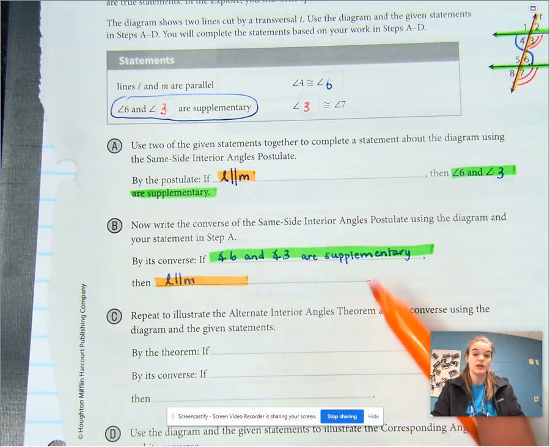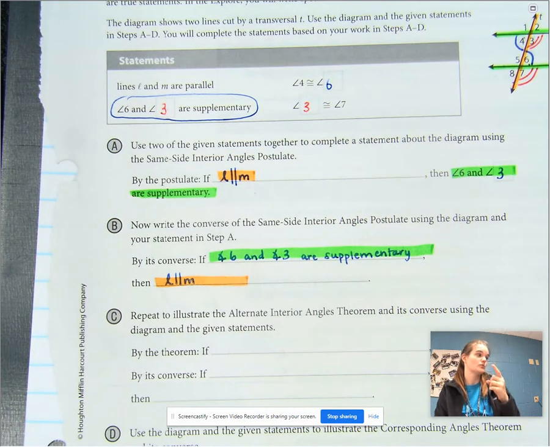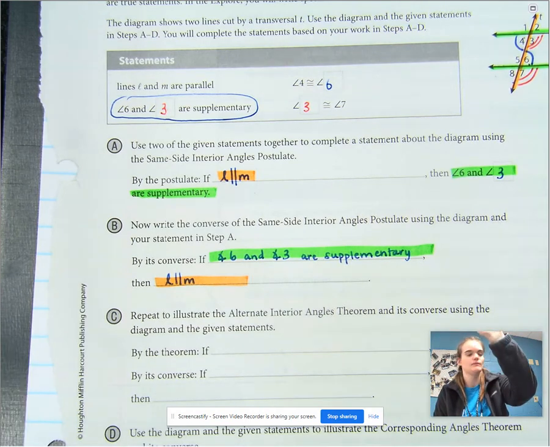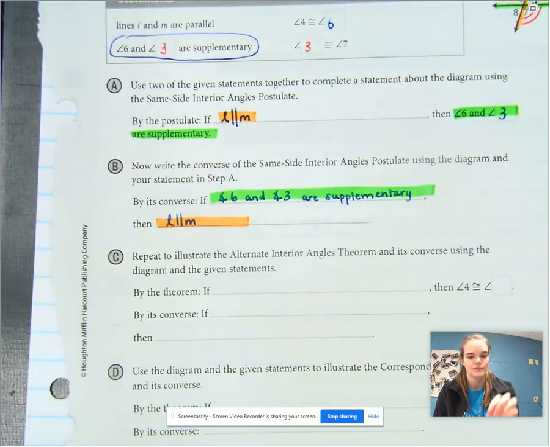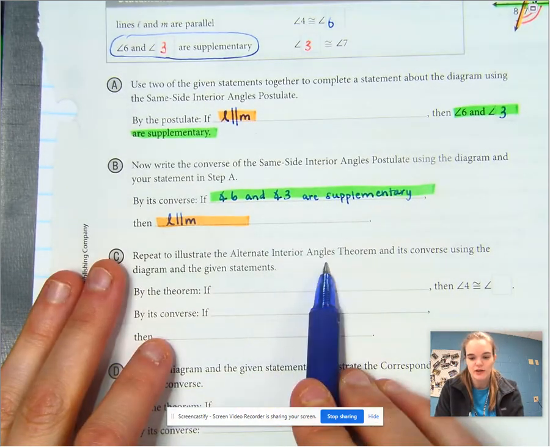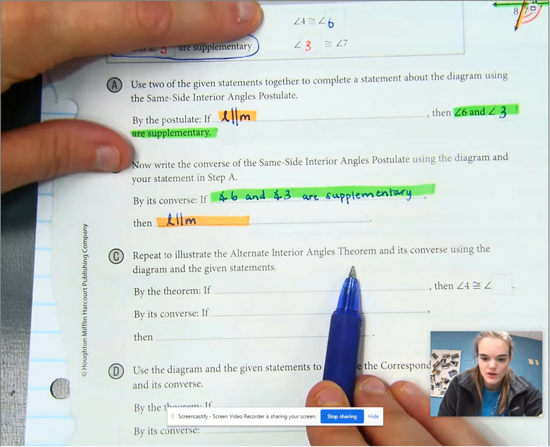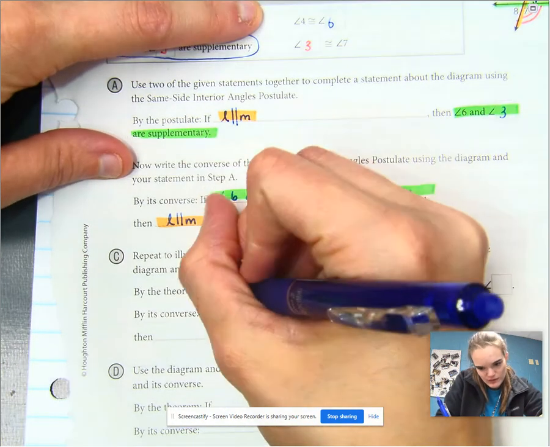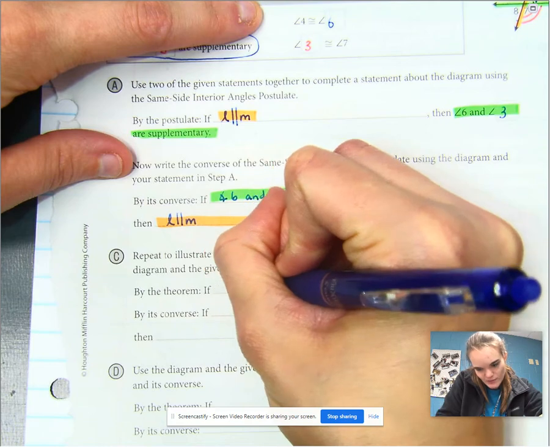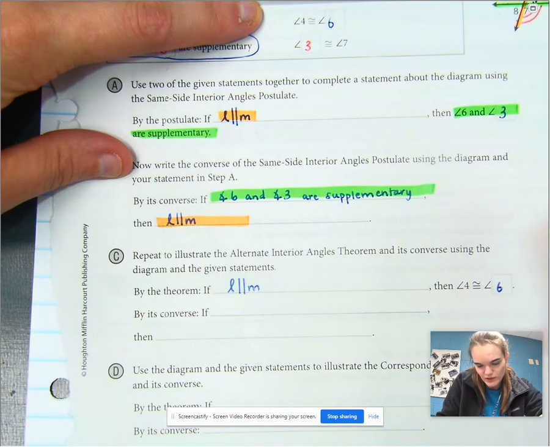If they have this relationship, one of these three, corresponding, same side interior, alternate interior, then the lines are going to be parallel. So let's look at C and let's do the same thing. Alternate interior angles theorem. Which ones are alternate interior? 4 and 6. By the theorem, if L is parallel to M, then 4 is congruent to 6.